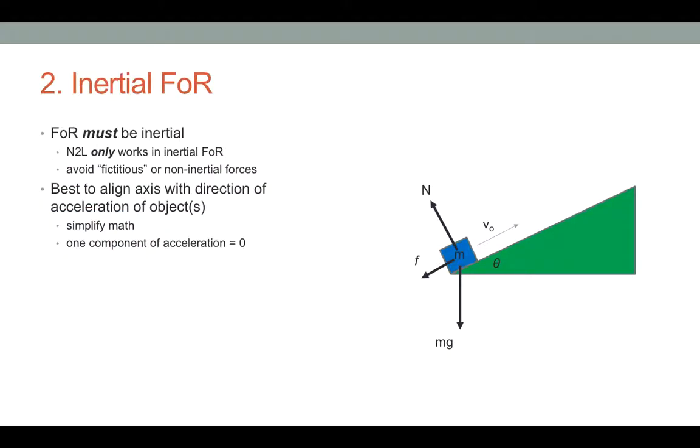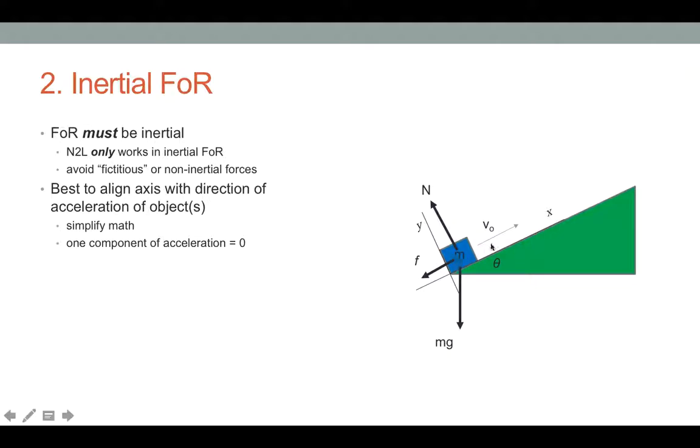We now need to pick an inertial frame of reference. First, we could put our frame of reference, as we usually do, with x horizontal and y vertical. But that would mean the block would have both x and y components for its acceleration. It'll be easier if we simply take those axes and align them with the ramp.